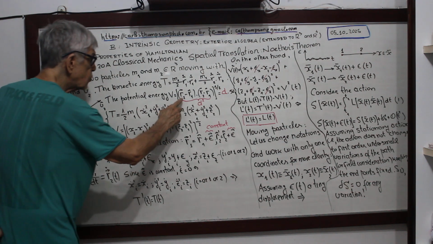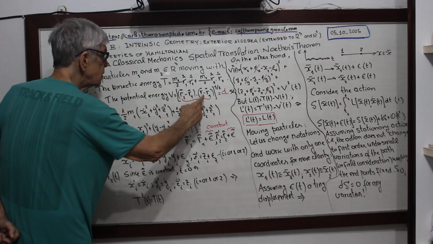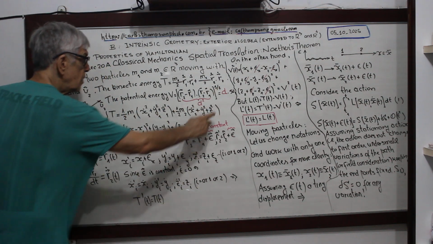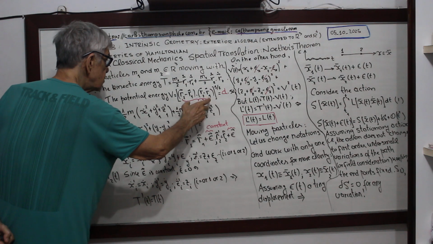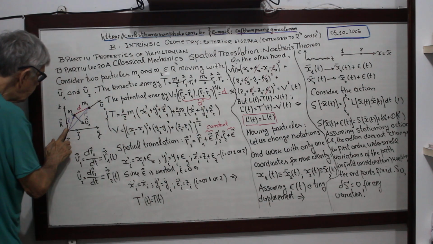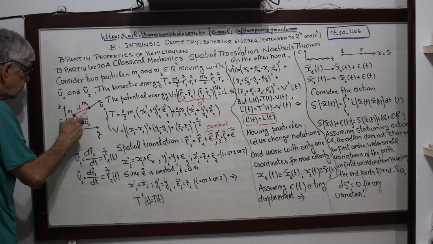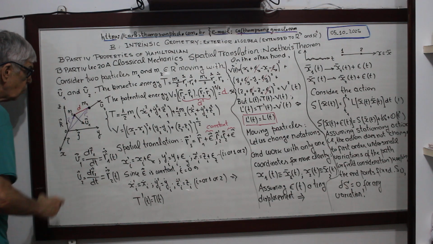So this is the square root of (R2 minus R1) dot (R2 minus R1), so V depends on the distance d. This is d squared. Here we have position vectors R1 and R2, and d is the distance between the two particles.